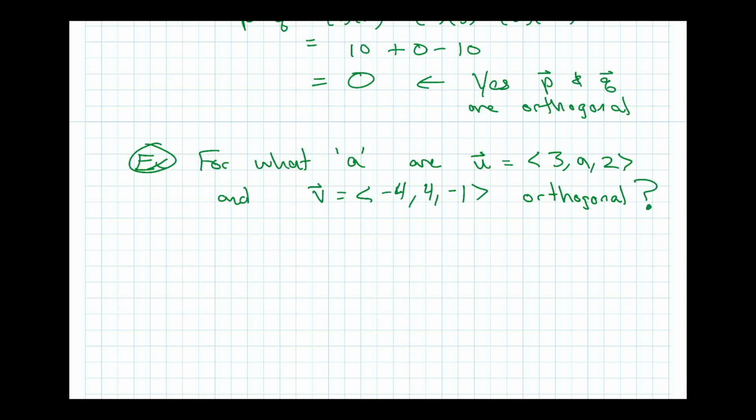For what A are these two vectors orthogonal? What they're asking is, how do you make that dot product 0? So figure out which value of A makes the dot product 0.